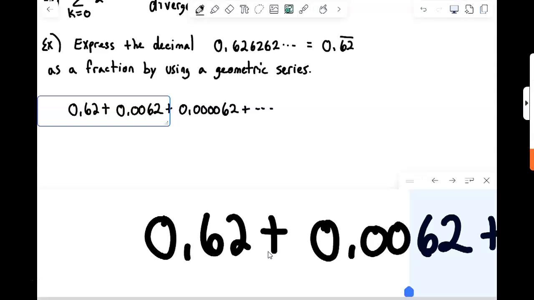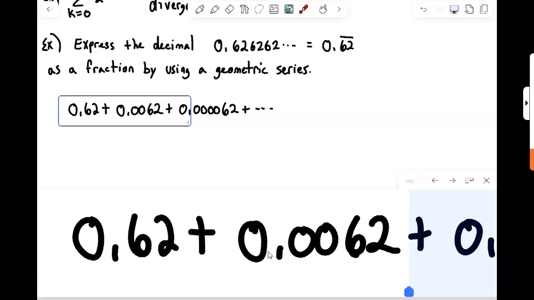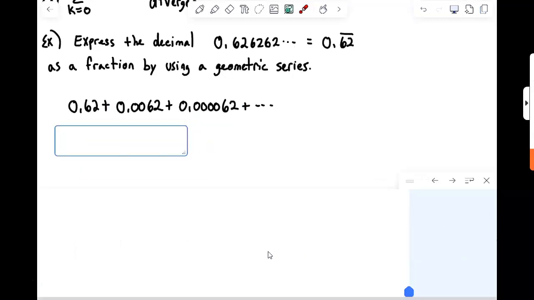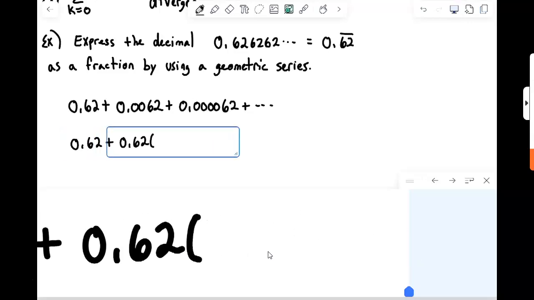The difference between our first one there, 0.62, and the second one is 2 decimal places. You can accomplish that, moving it back 2 decimal places, by dividing by 100, or alternatively, multiplying by 1/100th.